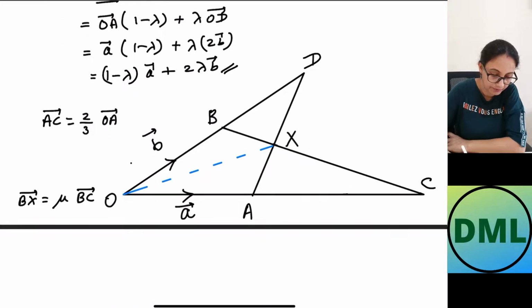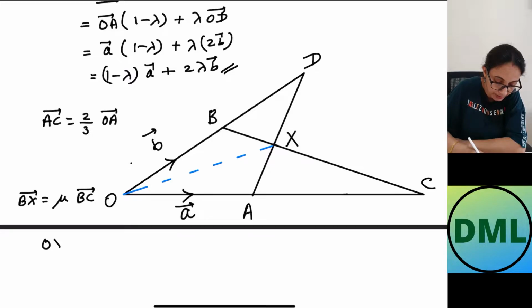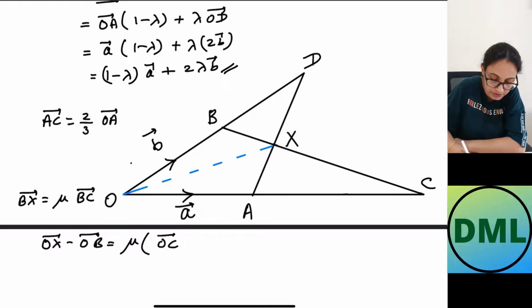Now we have given that AC is equal to 2 by 3 of OA and BX vector is equal to mu times of BC vector. Now I will use this condition to find out the second answer for the vector OX. So BX vector can be written in position vector form. That will be OX minus OB is equal to mu times of OC minus OB vector.